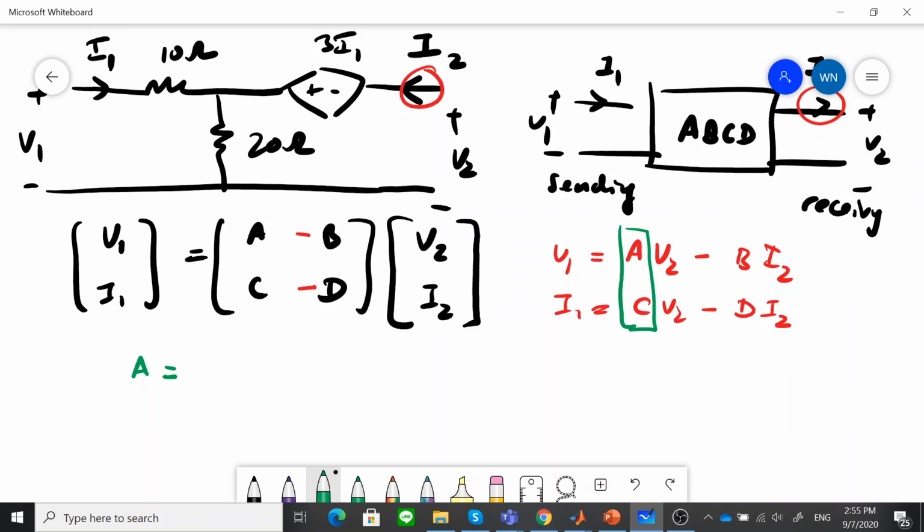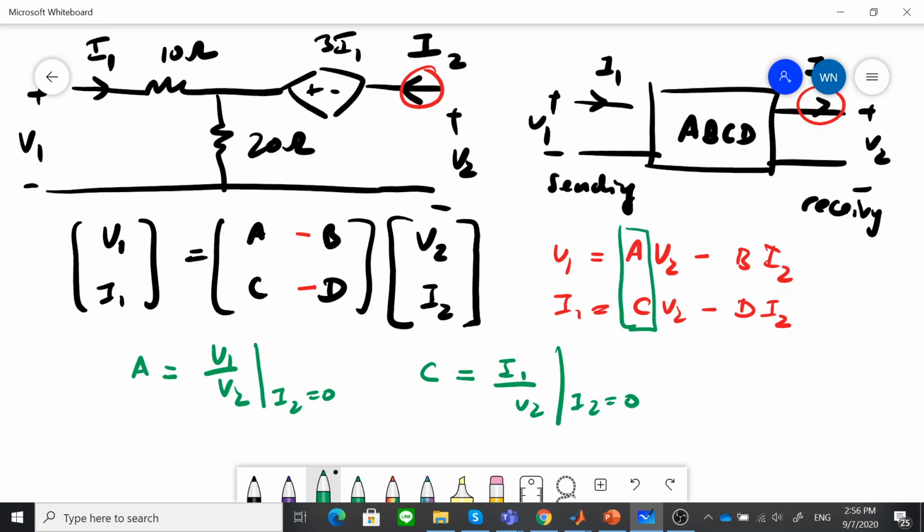If I2 is 0, A is equal to V1 divided by V2. This is only true when I2 is 0. Similarly, C is equal to I1 divided by V2 when I2 is 0. Now you can see it's true, right?